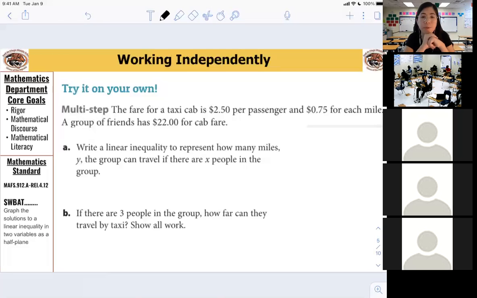About a minute and a half remaining. Like I said, if you have part A, you can go on to part B. Okay, about 15 seconds left.